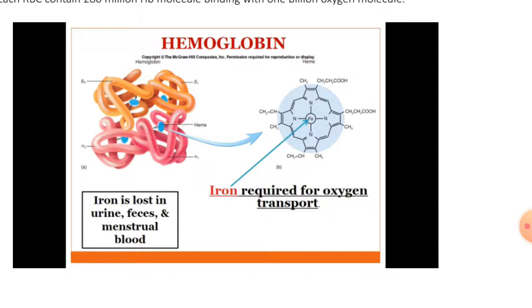Also, the hemoglobin has the ability to bind with nitric oxide, which is a hormone produced by the endothelial cells, and when it binds with nitric oxide, it holds this hormone to the site when there is a decrease in the blood flow, or when there is a decrease in the oxygen amount, and by releasing nitric oxide, which is a vasodilator, it causes vasodilatation, and by that it increases the blood flow and enhances the delivery of oxygen to a particular site.